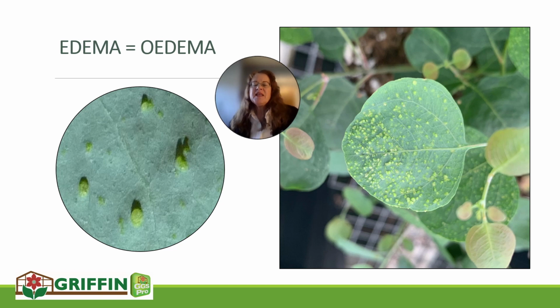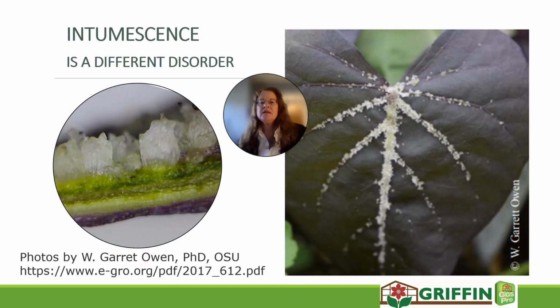We often lump these together as water relations, but we now know that that is not exactly true. Edema is edema, but intumescence is a different disorder. Intumescence is shown here. It's a more crystalline growth and often on the top of the leaf.